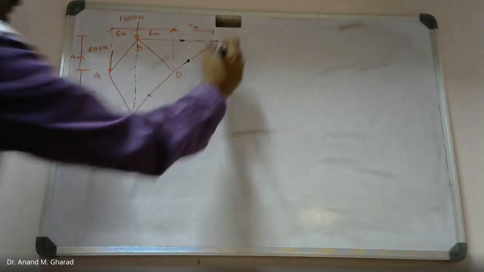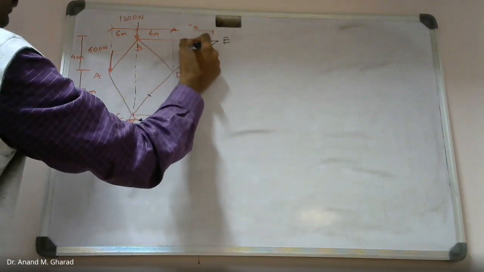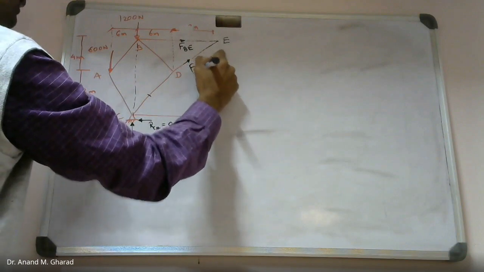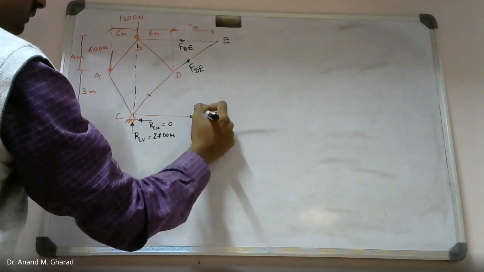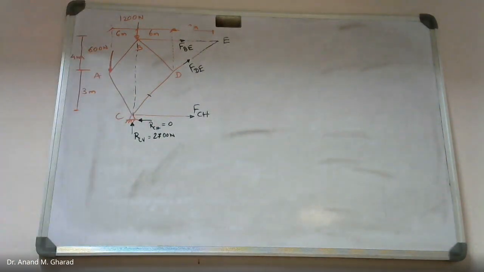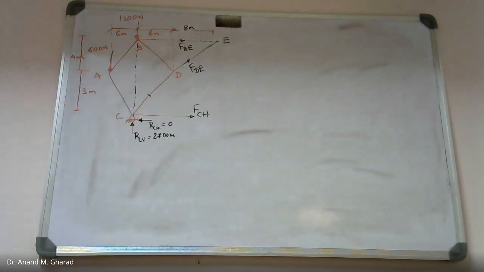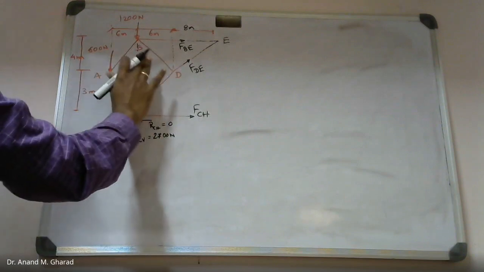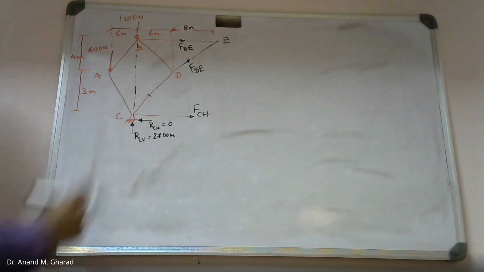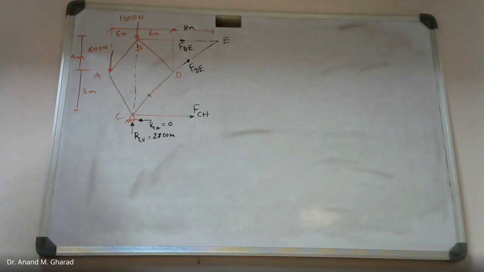Point E. So let's say this is force in member BE, force in member DE, force in member CH. This is 8-meter distance. So you are supposed to represent all the necessary forces, whatever are available. And now step by step, you should identify the forces in all these members.